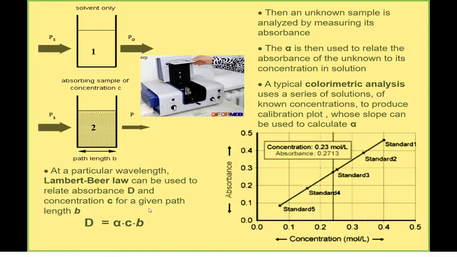At a particular wavelength, the Lambert-Beer law can be used to relate absorbance and concentration for a given path. So this is reconstructed by that device. What should be mentioned else? Look here.